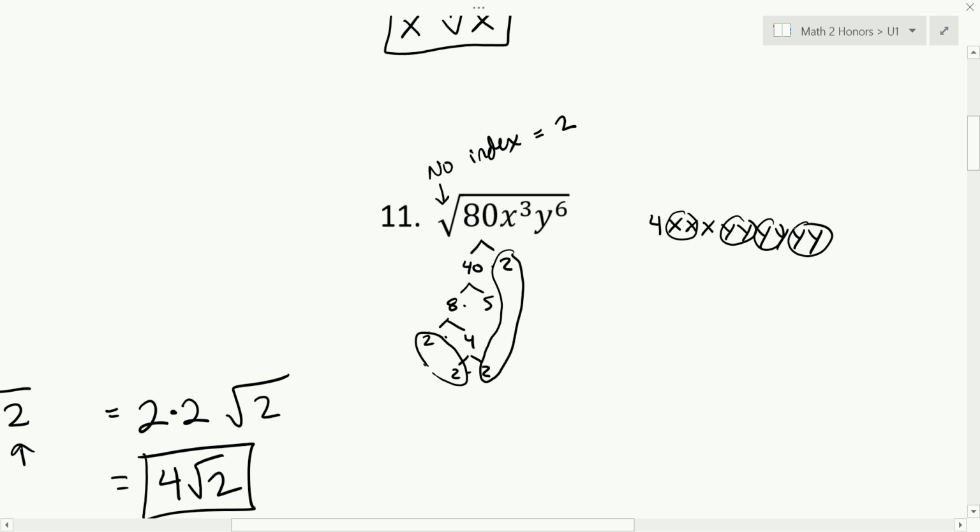So oh, it's the 4th power. Okay. 4x squared and y to the third. 4x squared, y to the third. And square root of x. Like that.